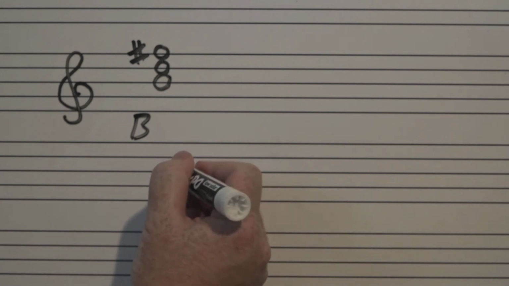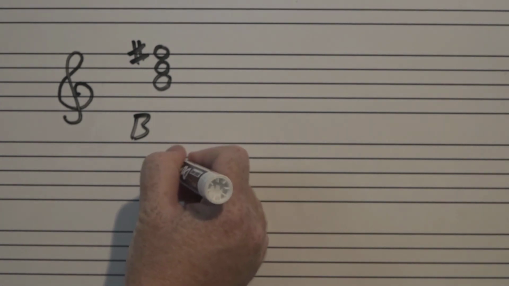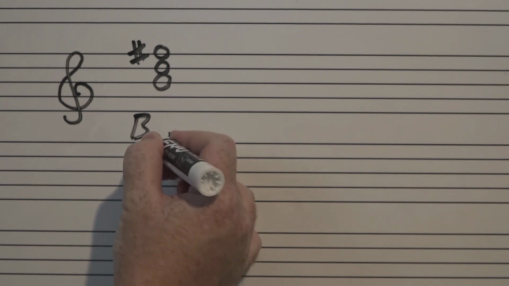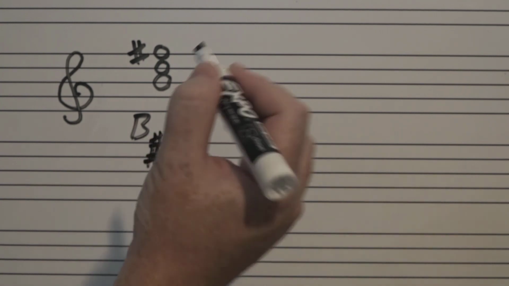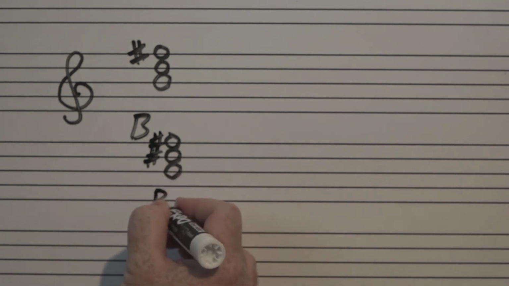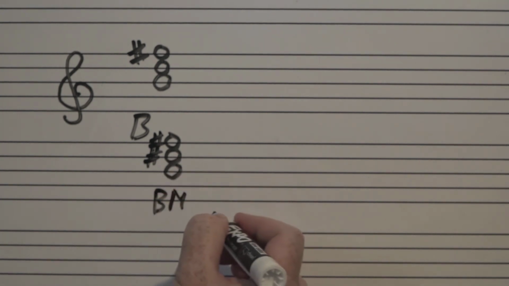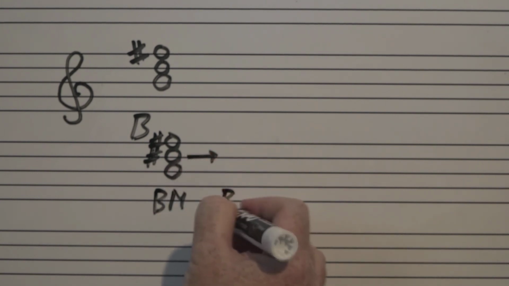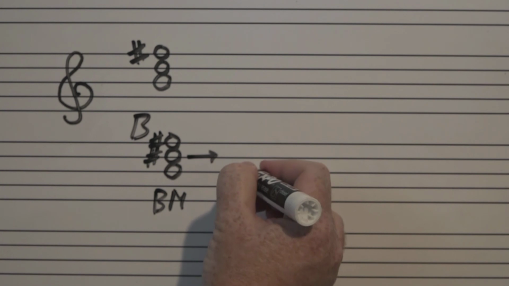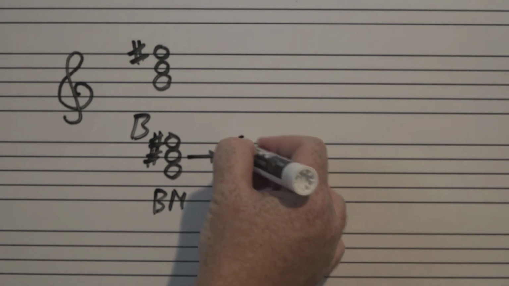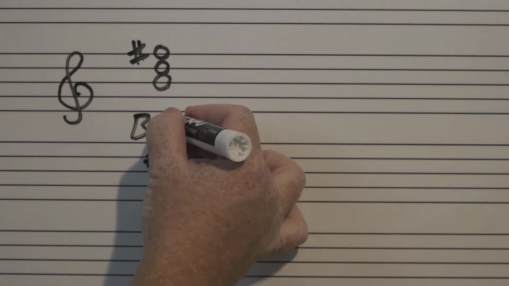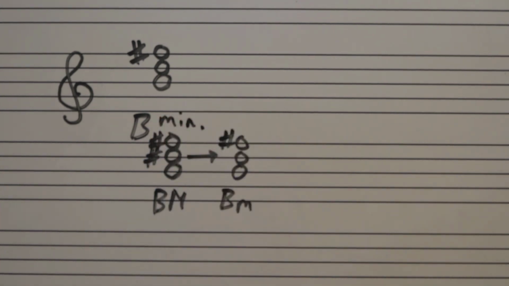Well, we should know our B major scale, and our B major scale has a D sharp and an F sharp. So this would be B major. We would lower the third to get to minor, B, D, F sharp, and there it is. This is B minor.